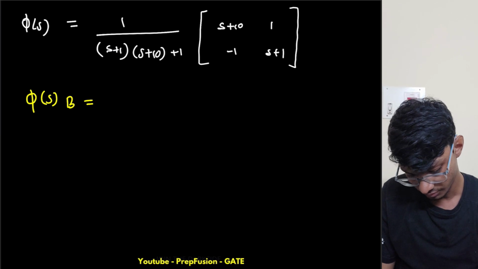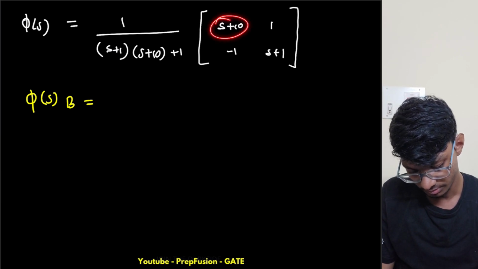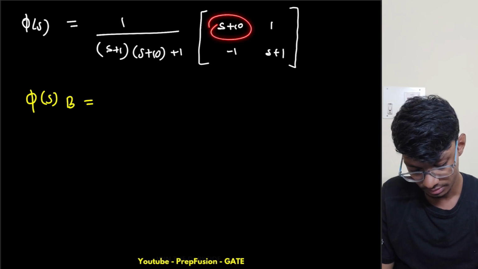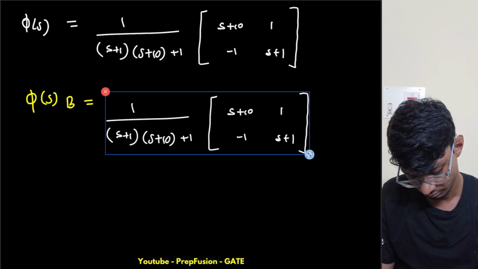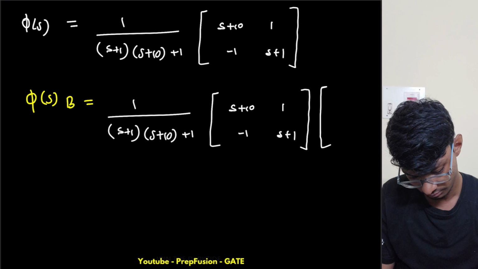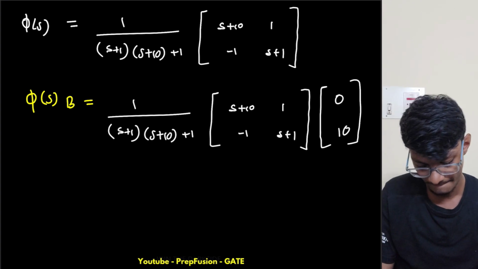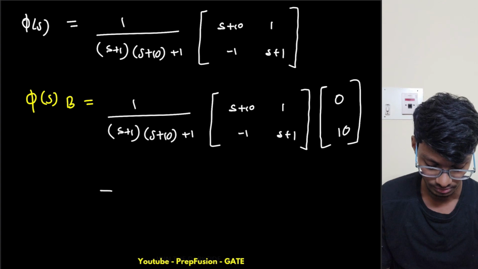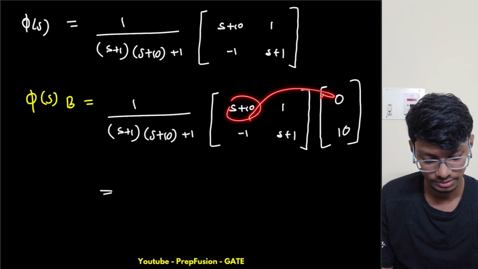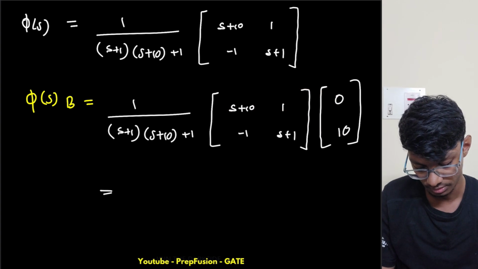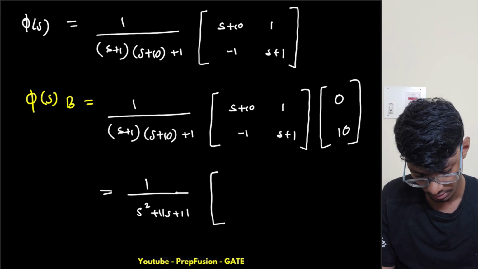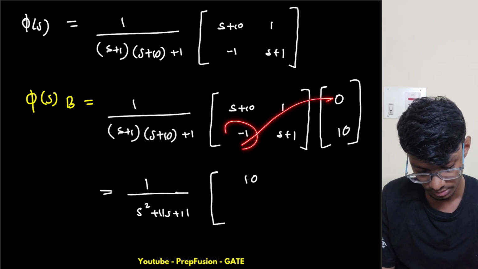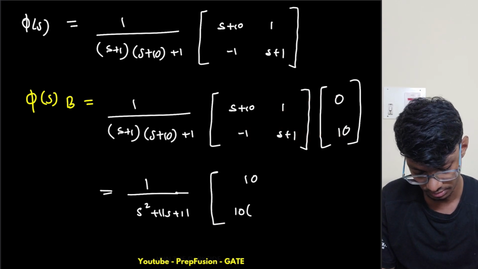So if I multiply 0 10, this one multiplied with this one, and 1 multiplied with 10, so we are left with 10 only. This becomes s square plus 11s plus 11, and this is 10 only, and this one is 0, and this one is 10 s plus 1.